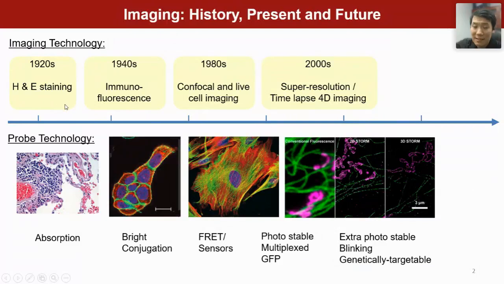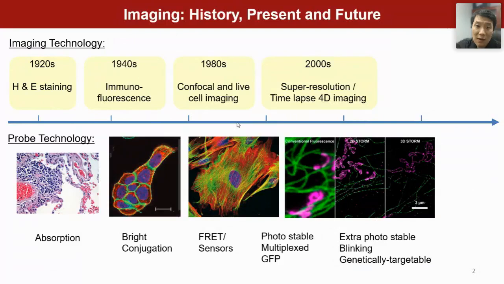Then 20 years later, in the 1940s, people began to have immunofluorescence. That's also a joint force between fluorescence microscopy and bioconjugation technology, so that people are able to link a dye to antibodies. Then gradually we have confocal and TIRF, the fluorescence microscopes which offer Z-sectioning.